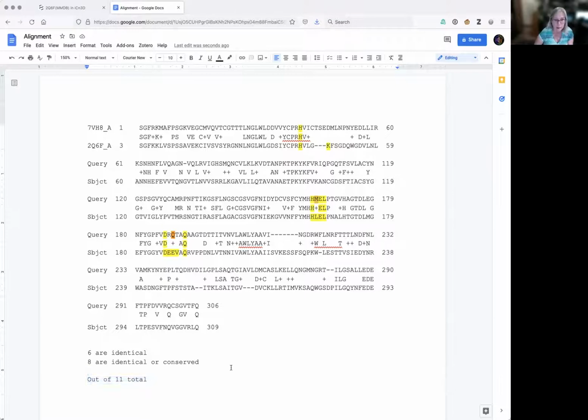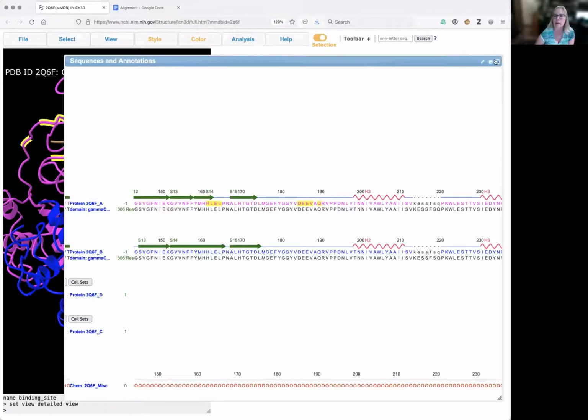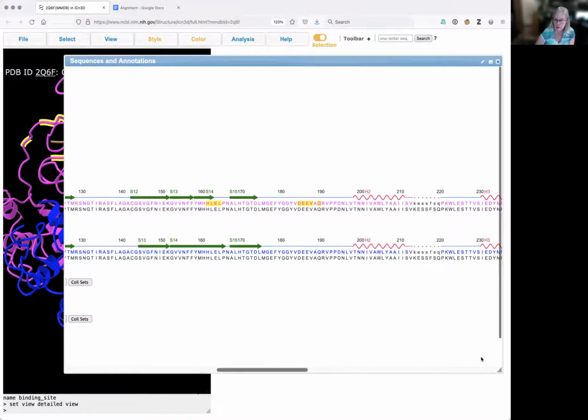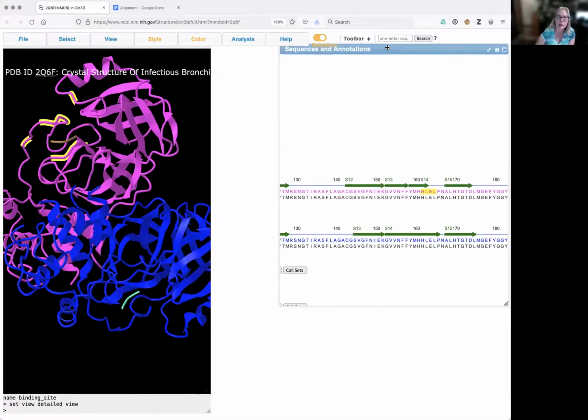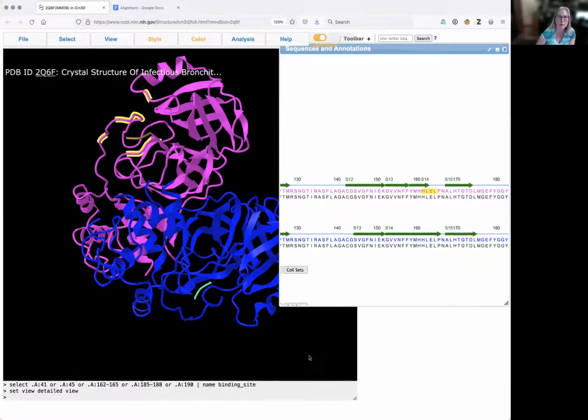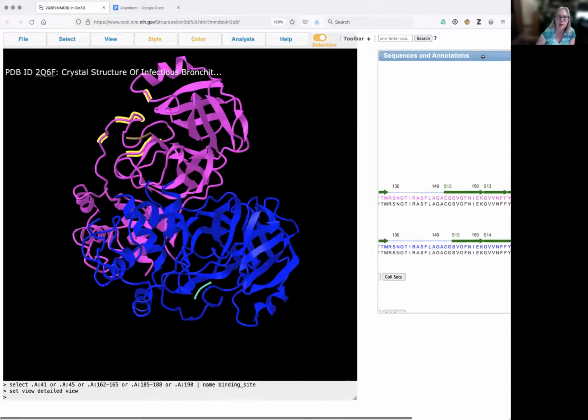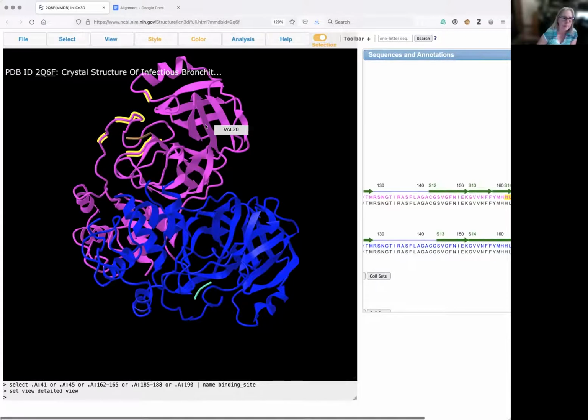Now what I'd like to know is which of these amino acids are forming bonds to the inhibitor, and are the amino acids that form bonds present in both my structures? So we're going to take a look. The first thing I'm going to do is make this a little bit smaller, and make my structure window a little bit larger so I can see a little bit better.